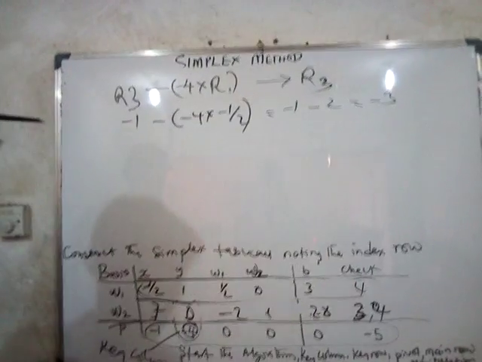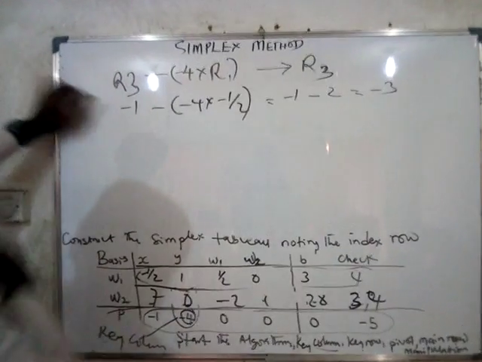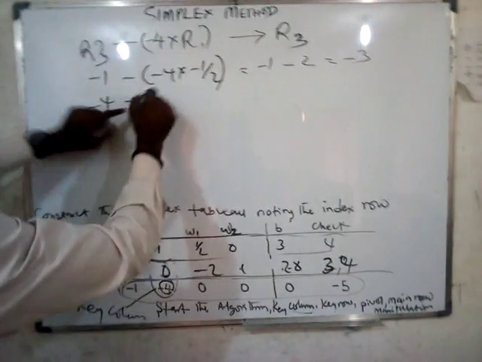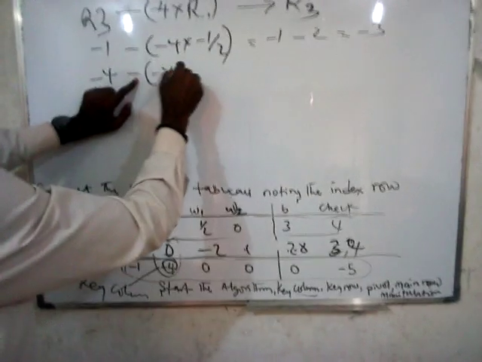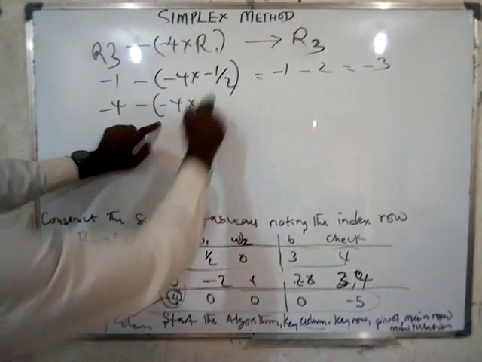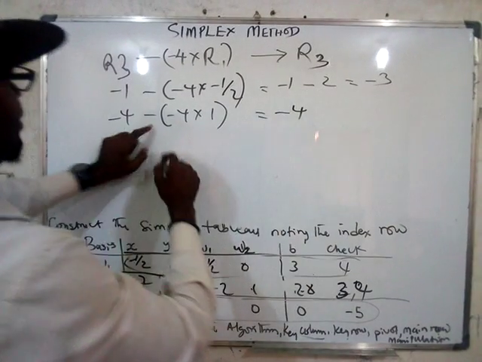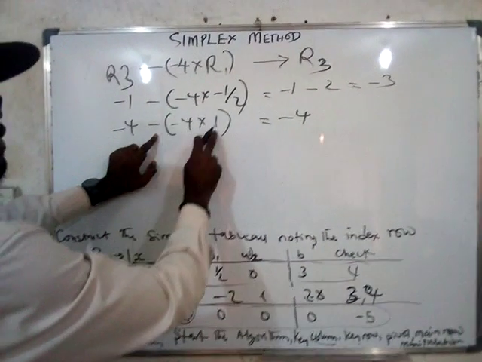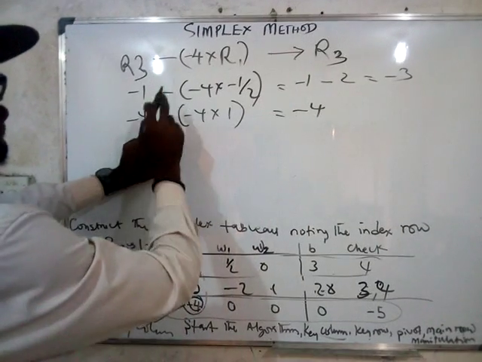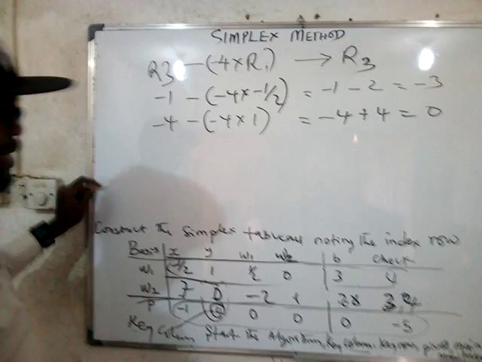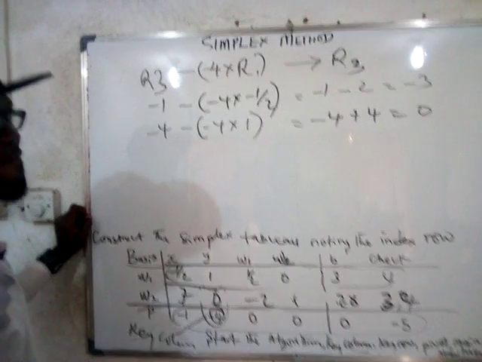Yes. Good. So now I check the second one. I'm going to have minus 4 minus 4 times the row 1 for this, which is 1. Minus 4 times 1 will give me minus 4, minus 4 times minus will give me plus 4. So it will give me 0 here. So you see, I already have 0 here.